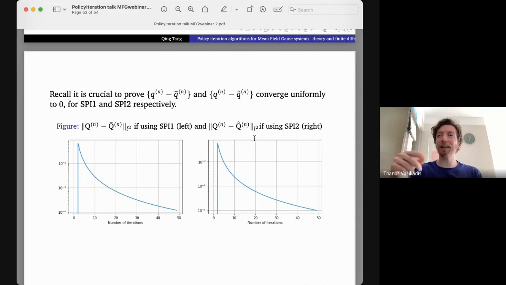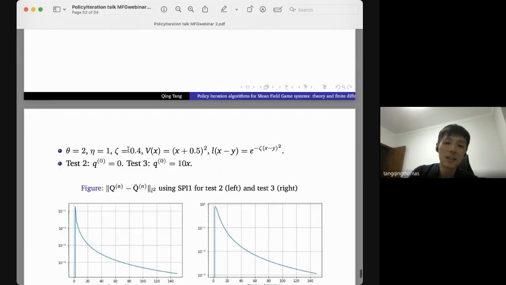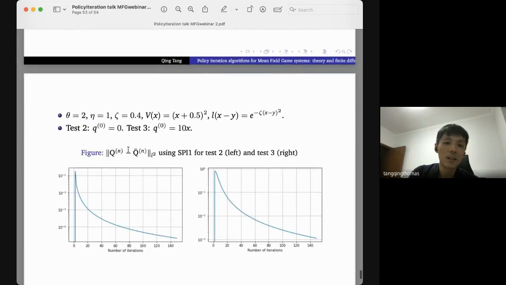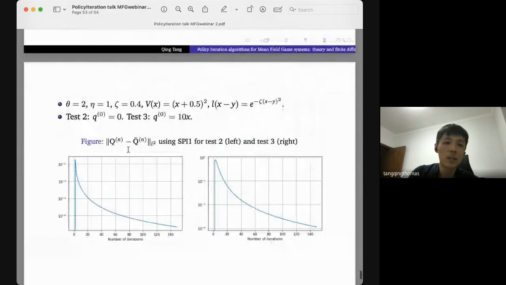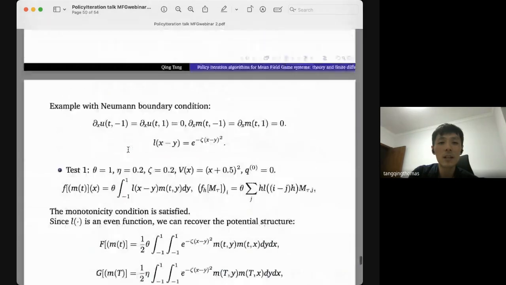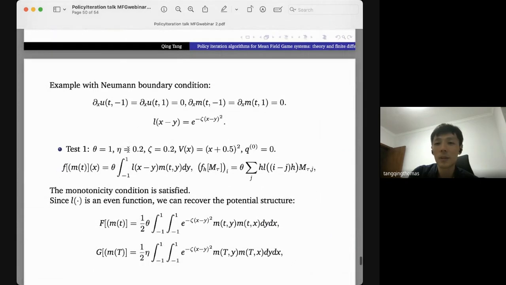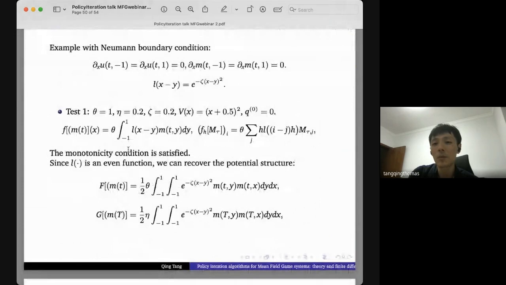I was expecting much more. Since you were doing finite differences in PDEs I would expect a bit more, but these are one-dimensional examples, so it's natural that it's fast. The iteration time depends a lot on the time horizon capital T. Here, for the examples, I used T equal to 1.